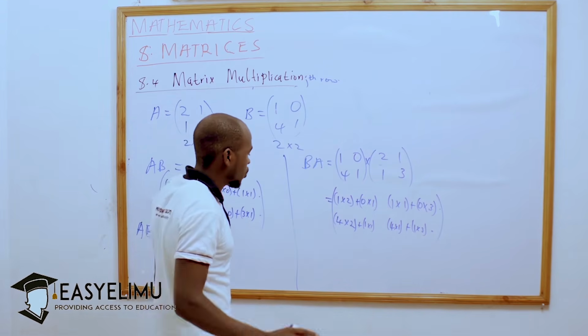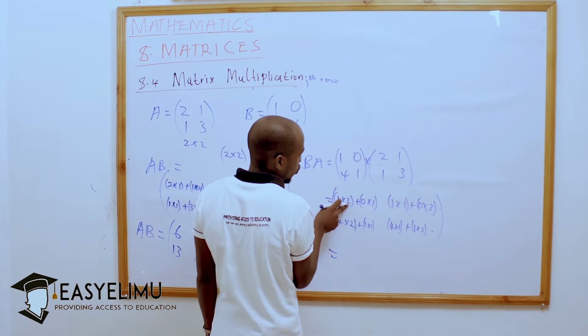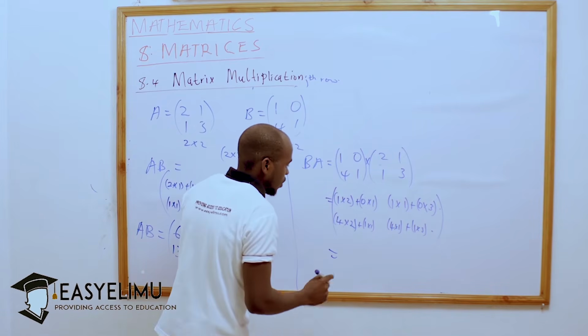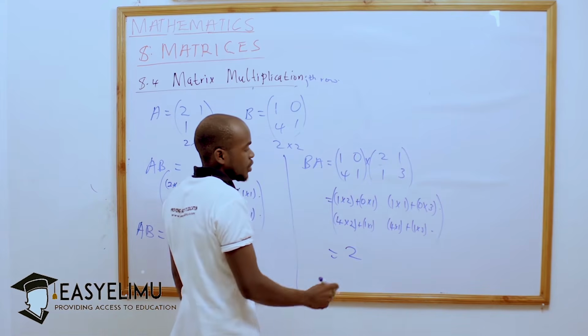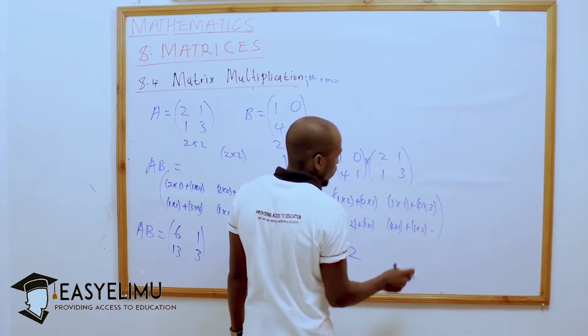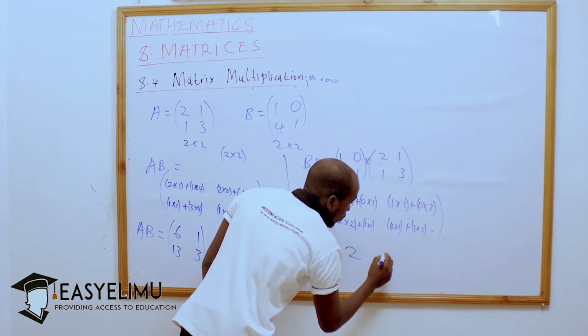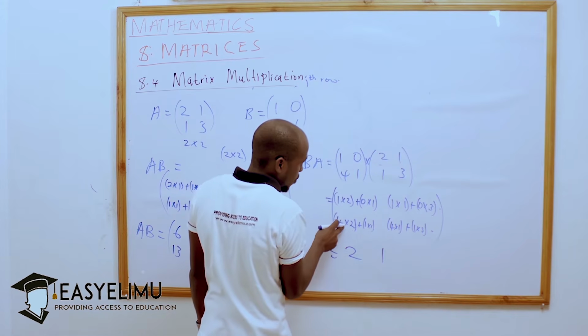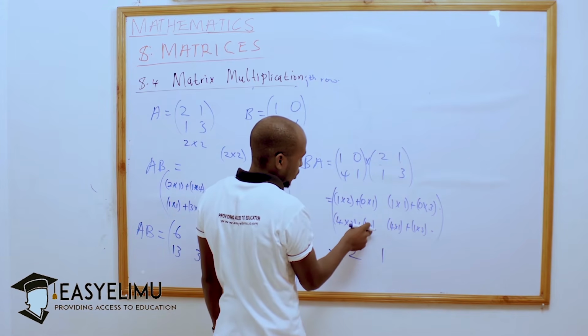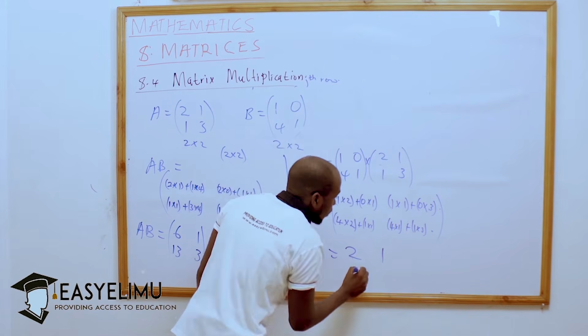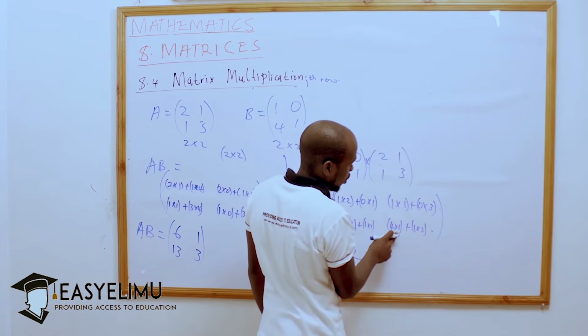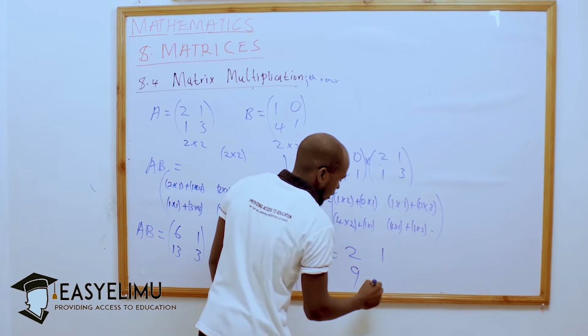If you work it out that way, you are going to get 1 by 2 is 2, plus 0, you get 2. So 1 by 1 is 1, plus 0, you will get 1. And here 4 by 2 is 8, 8 plus 1, you will get 9. 4 by 1 is 4, 4 plus 3 is 7.